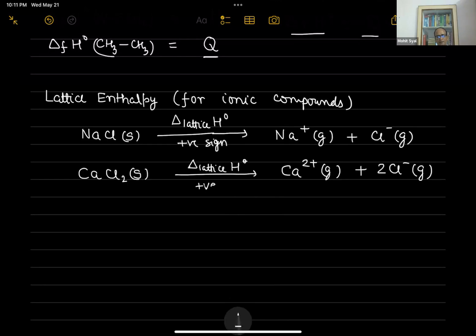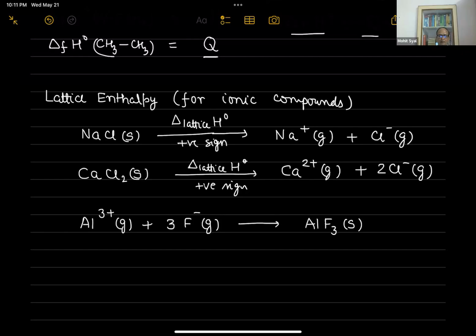But suppose I take an aluminum ion and three fluoride ions, and I end up with AlF3 solid. Then also the ionic compound is formed.